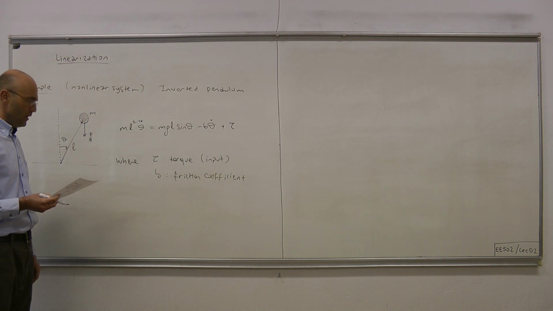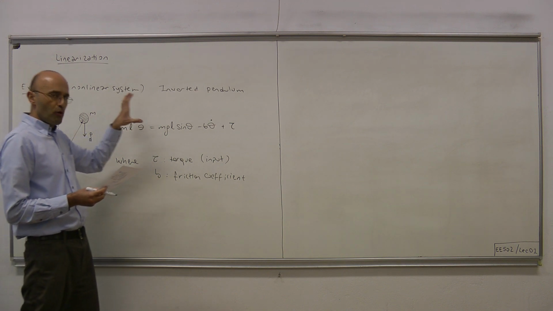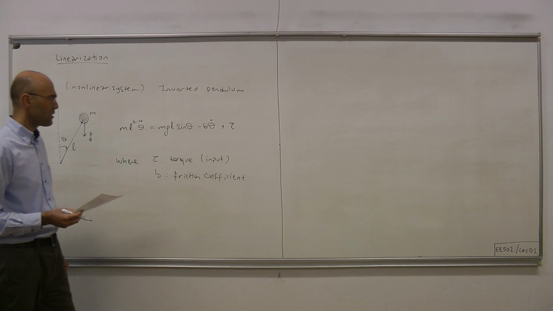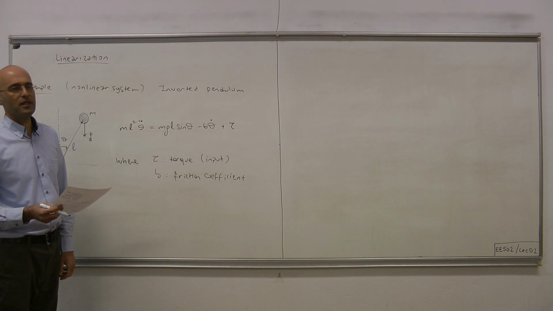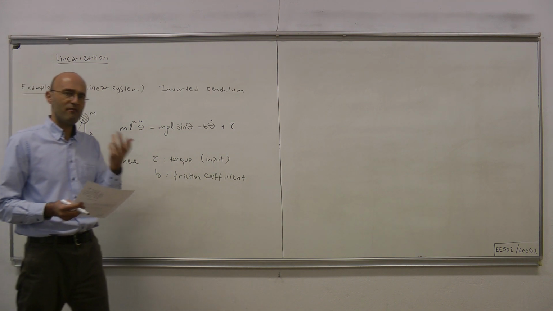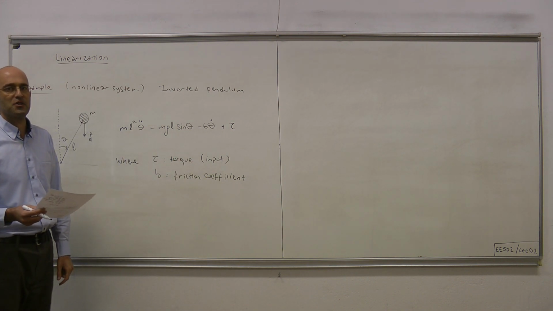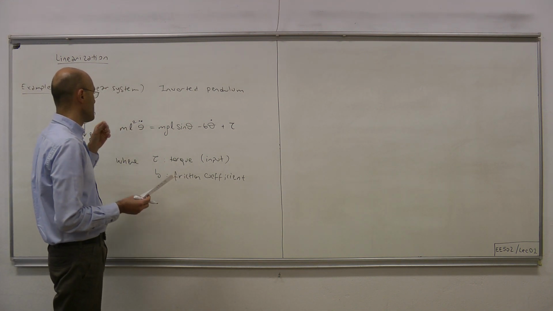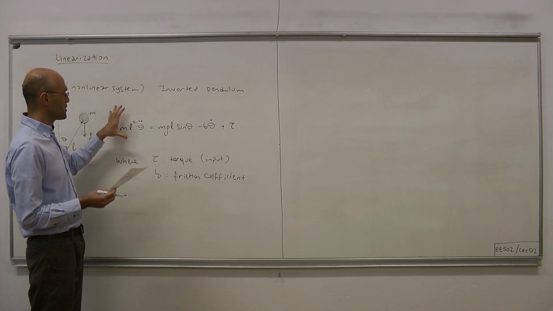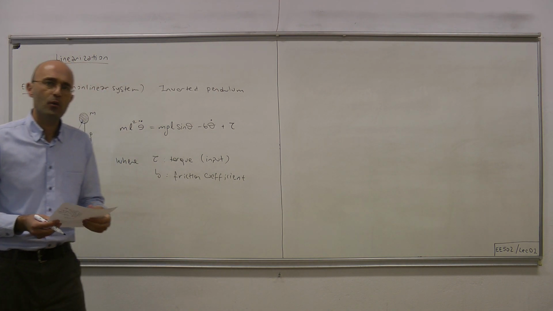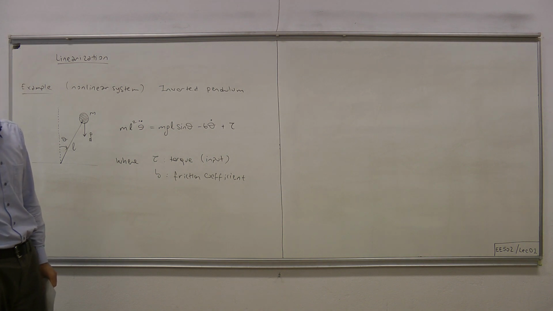Now, this is a perfectly valid representation of the system, but for analysis, usually it's better to put this into another form, like what we already applied to our linear systems, and obtain state space representation. Now let's do the same thing for this nonlinear system. For that, we have to choose our state variables.